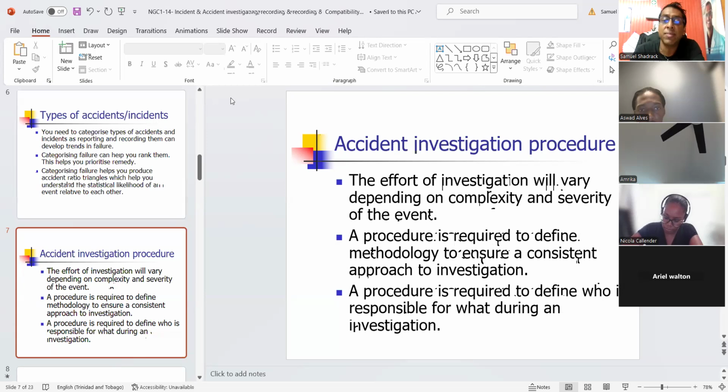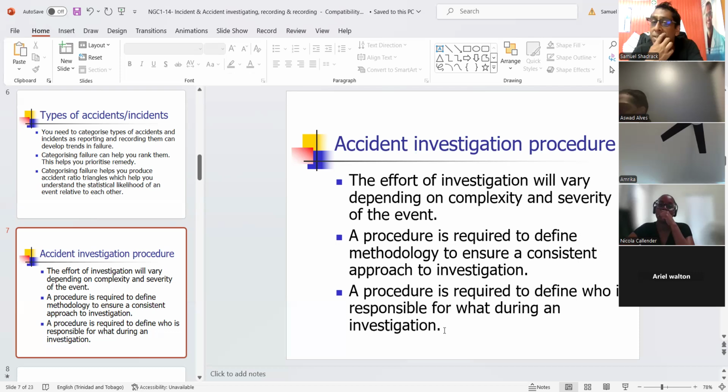So the efforts of an investigation would vary depending on the complexity and severity of the event. Taking a break so you all think about what it is I read now, right? A procedure is required to define a methodology to ensure a consistent approach to the investigation. A procedure is required to define who is responsible for what during an investigation, right?